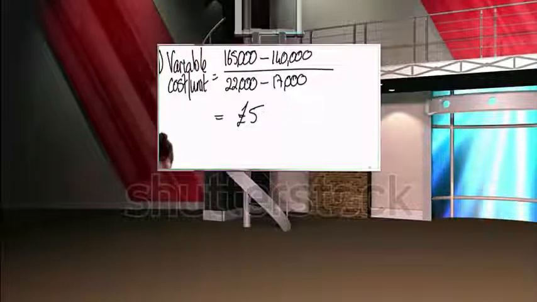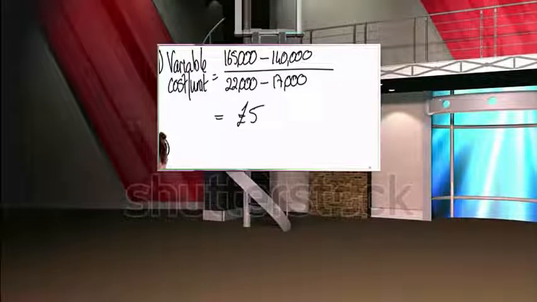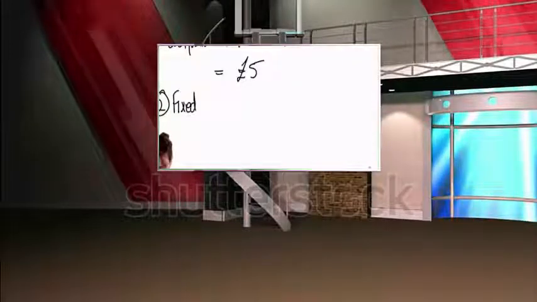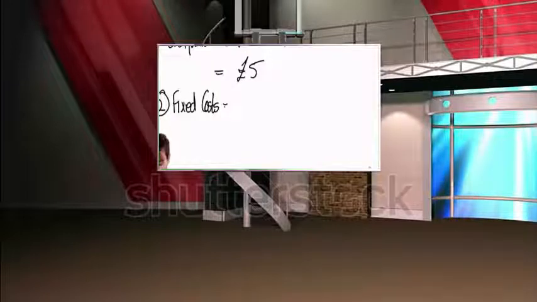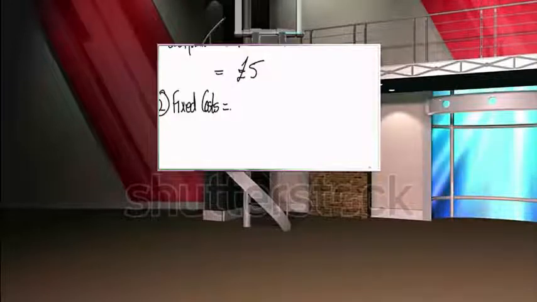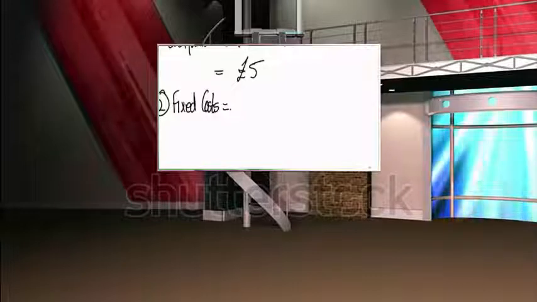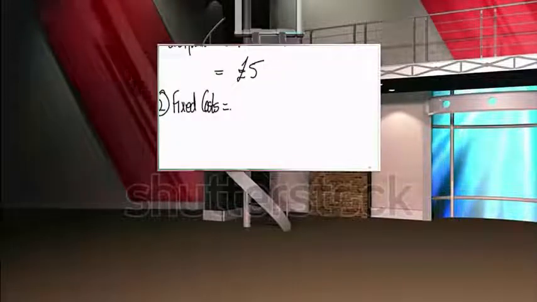Moving on to step 2 to calculate the fixed costs. Remember, our fixed costs will be total cost minus variable cost per unit multiplied by the number of units we've produced.